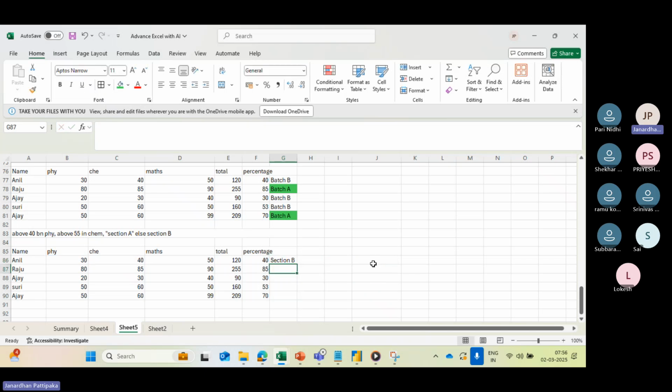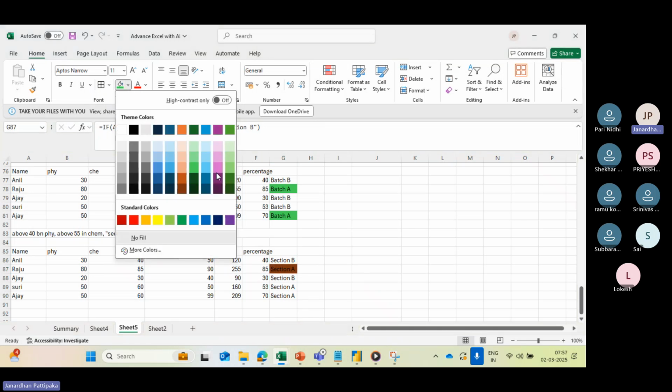Now use this. This person belongs to section B. So here he is not getting more than 40, and not more than 55. Let us see for the other persons. See, this person is able to pass the result.